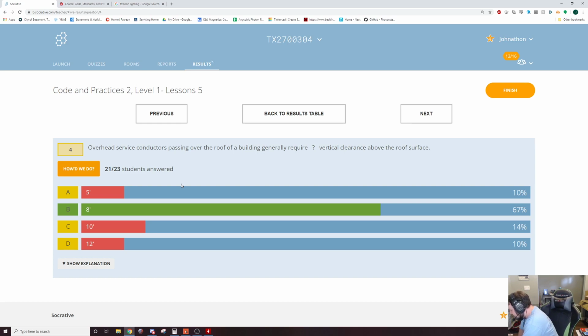And then overhead service conductors is a section in that. 230.54. And then drip loops. That is not where that answer is though.